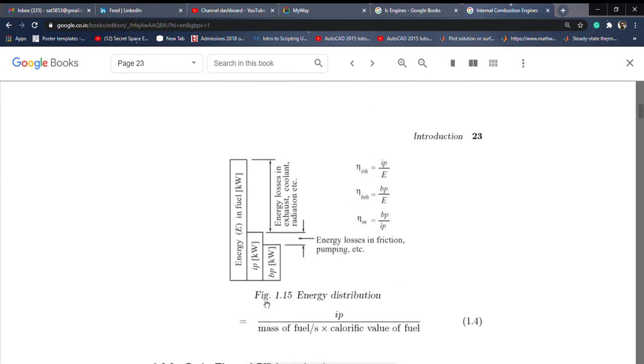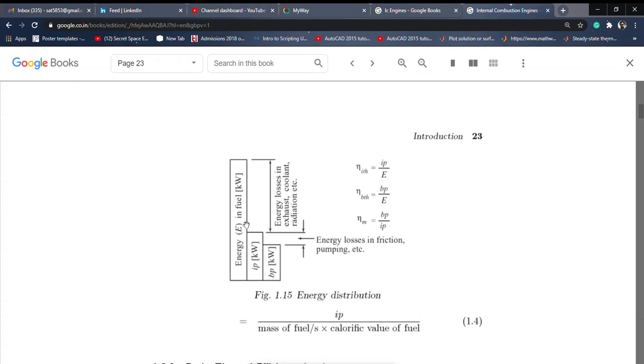Here in this diagram, figure 1.15, energy distribution, you can see clearly that energy in fuel is in kilowatt, because we take mass of fuel per second. In the engine we don't use only mass, we use the mass flow rate of fuel to the engine, because when you calculate these parameters in a practical laboratory, we have to consider the mass flow rate into the engine.